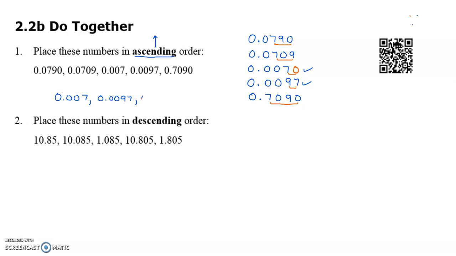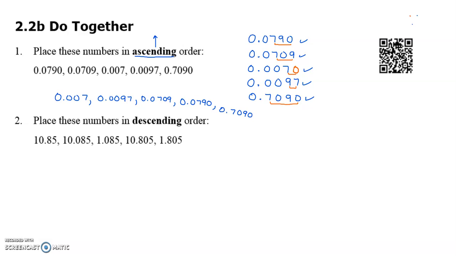So it's going to be the 709, 0.0709. I might have to do a bit of wonky writing here. 0.0790. And my greatest decimal is 0.709 7090. Sorry, that one, I didn't have to fill up a 0. It had one at the end.